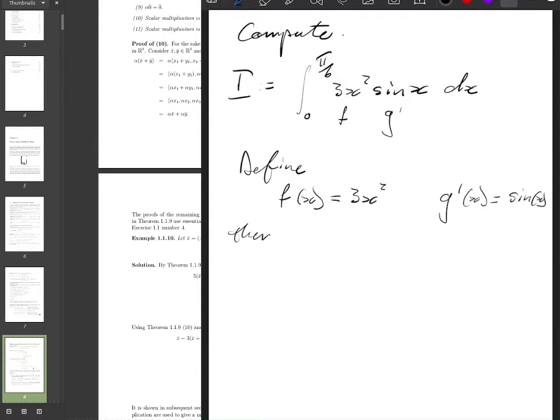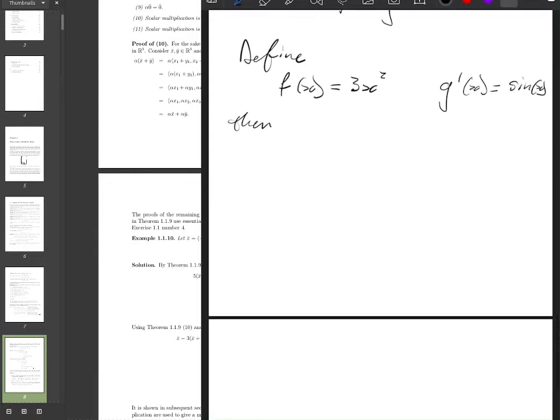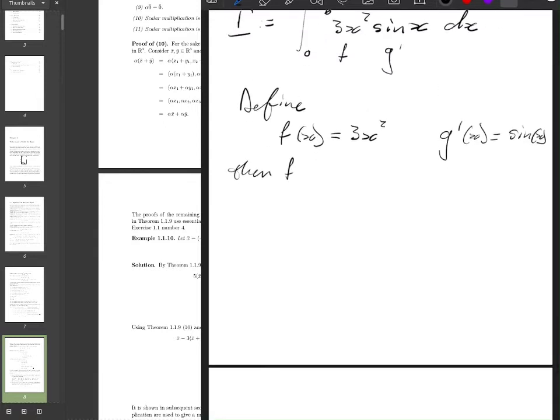Then we've got f prime of x is 6x and g of x is equal to minus 6 cosine x.